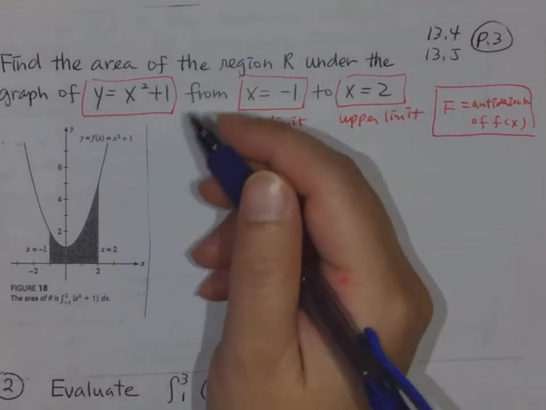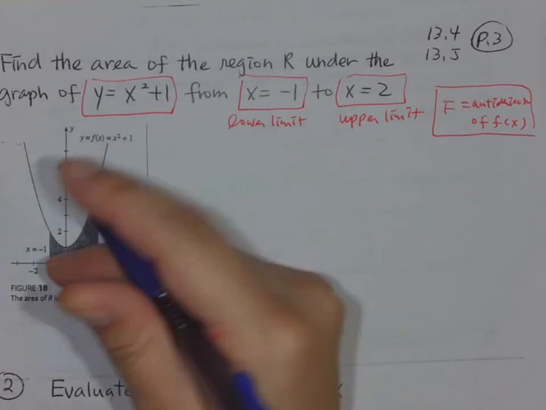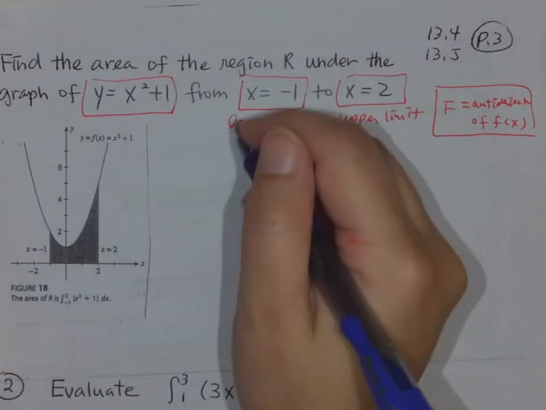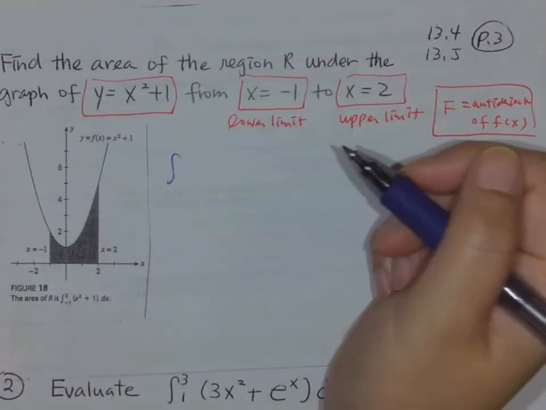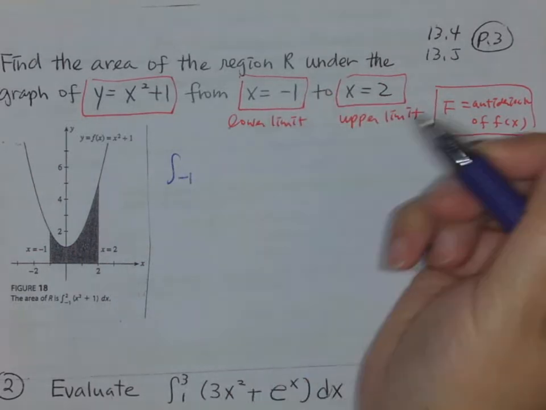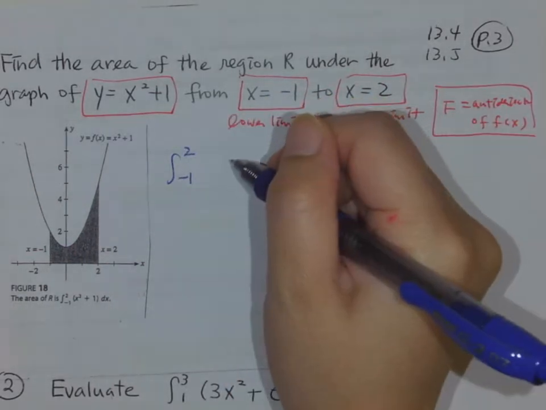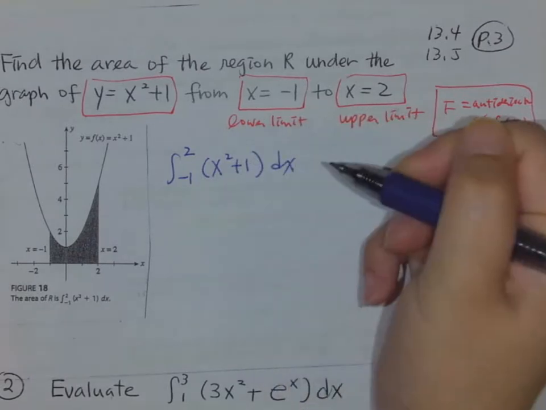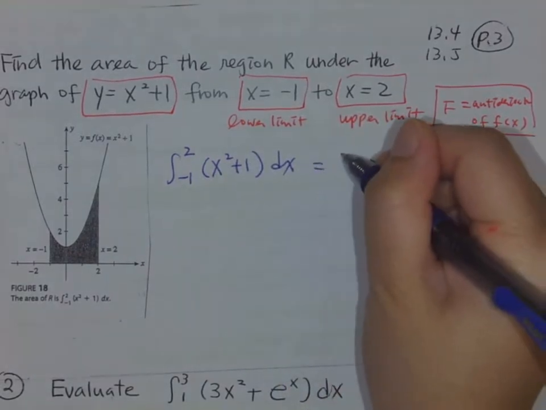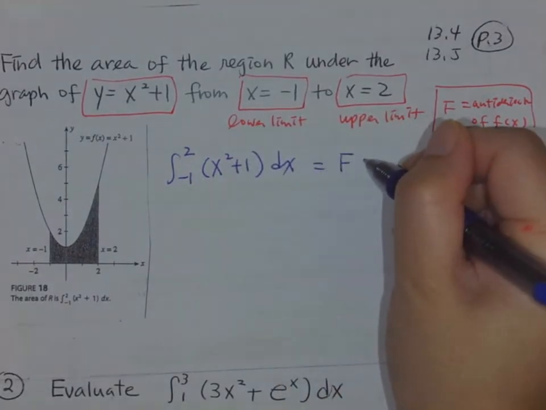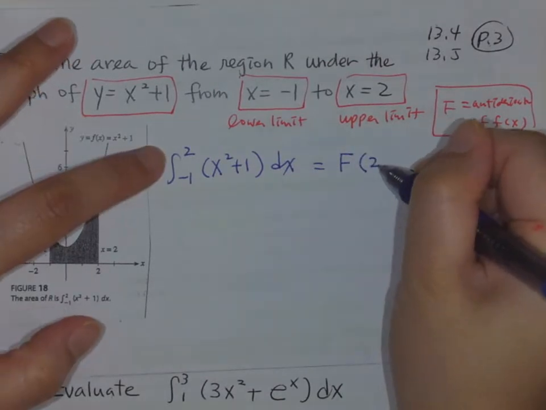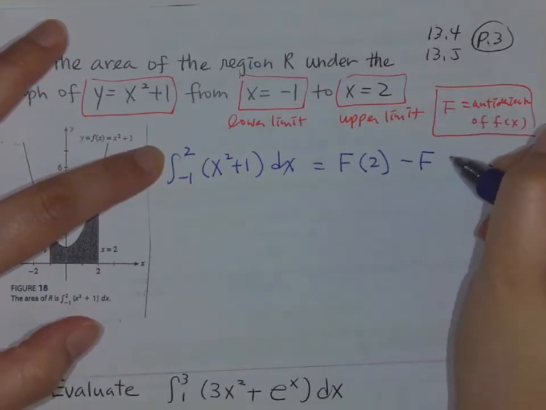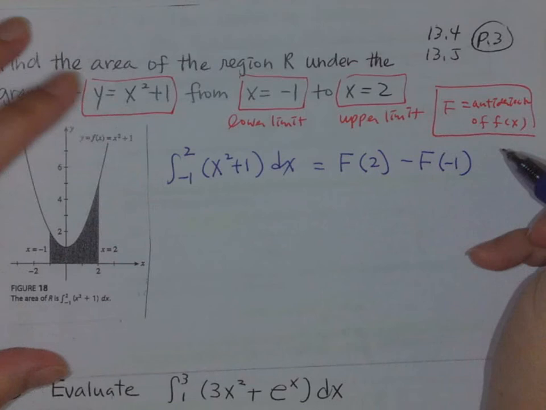We are finding the area below the curve and above the x-axis, right? So my lower limit is -1, my upper limit is 2, and this is x squared plus 1 dx, right? So we end up with the antiderivative of the upper limit subtracting the antiderivative of the lower limit, okay?